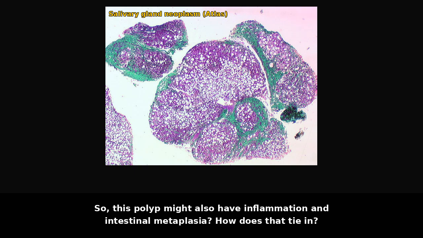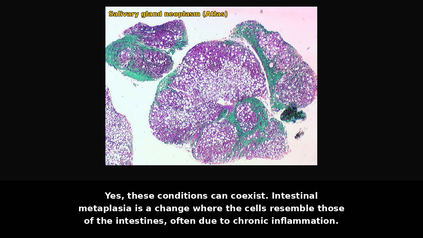So this polyp might also have inflammation and intestinal metaplasia. And how does that tie in? Yes, these conditions can coexist. Intestinal metaplasia is a change where the cells resemble those of the intestines, often due to chronic inflammation.